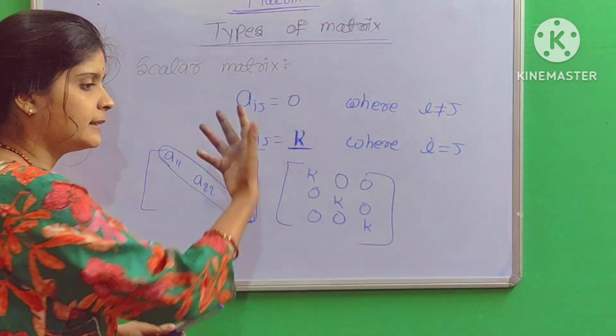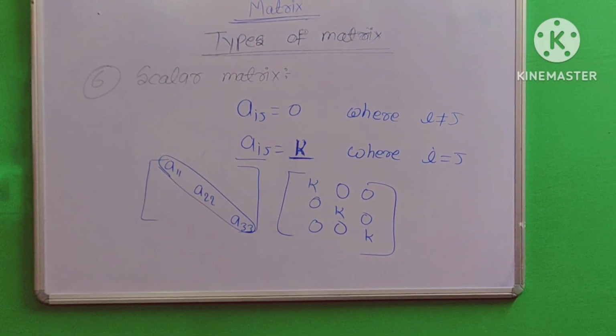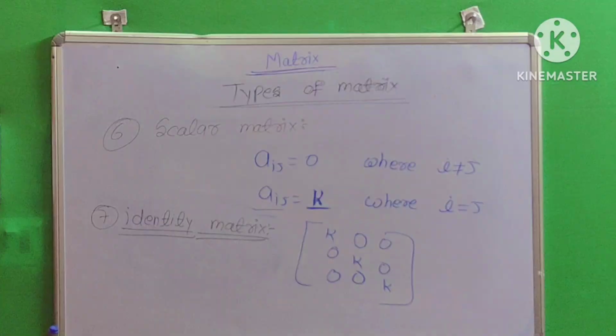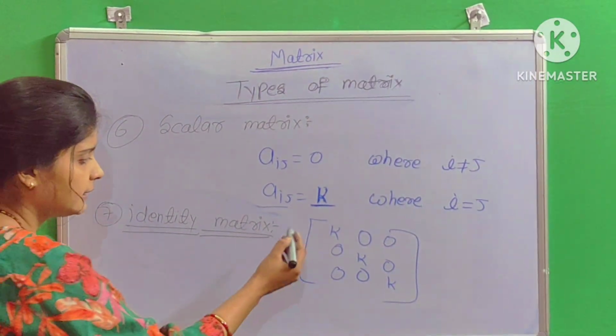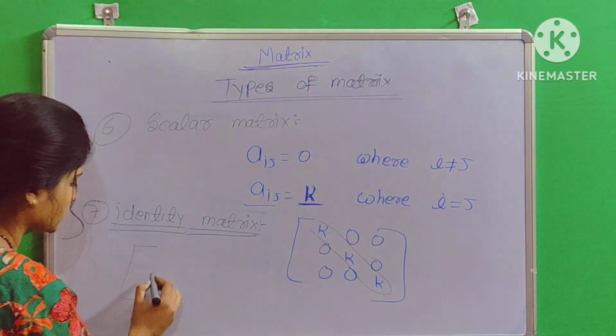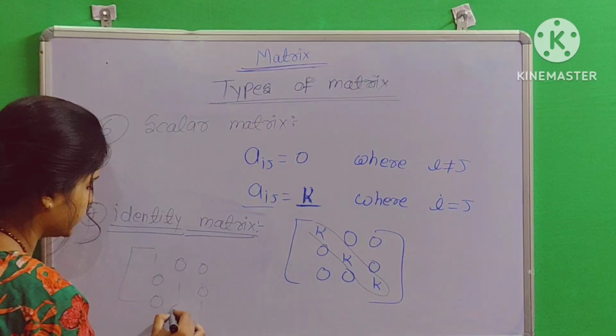Now after this I am telling you about the identity matrix. The values of the diagonal are 1, 1, 1 and 1. This is our identity matrix.